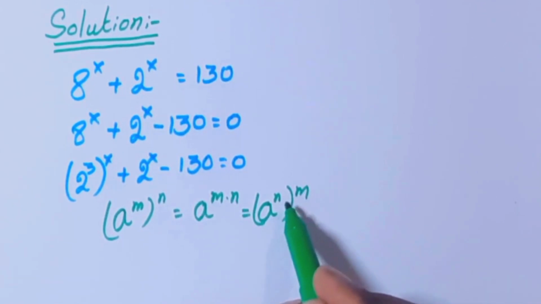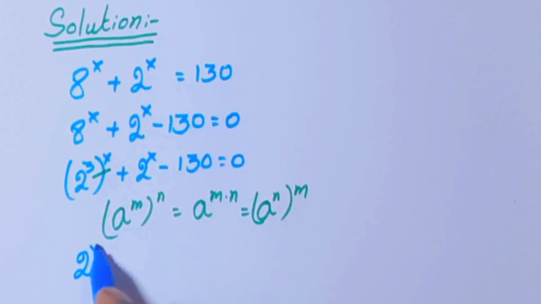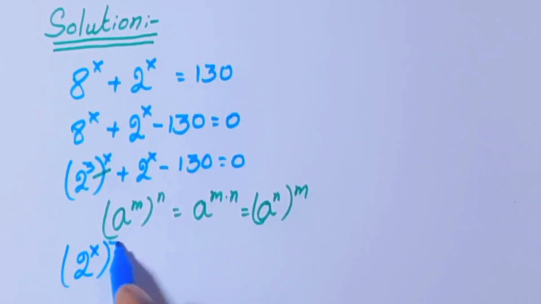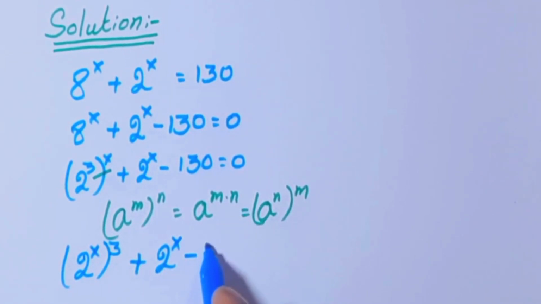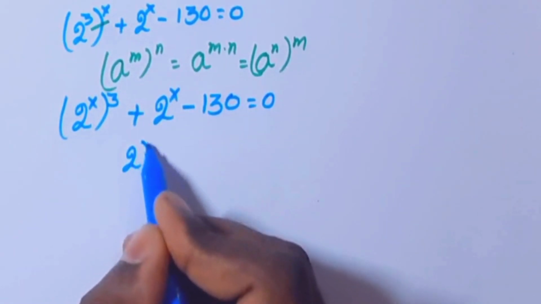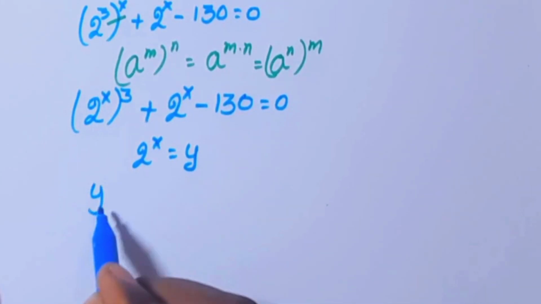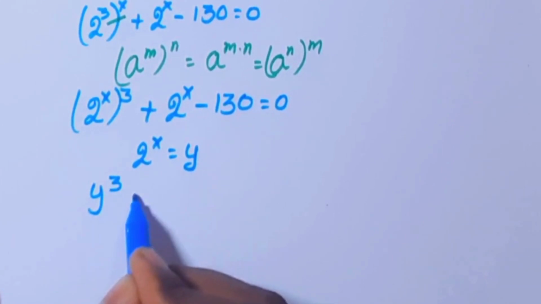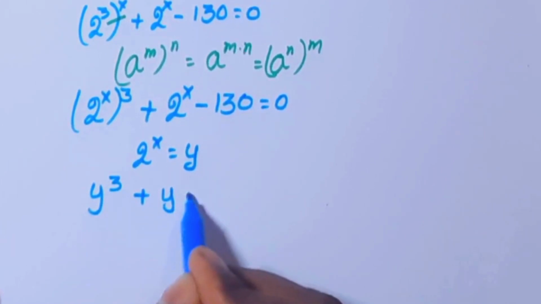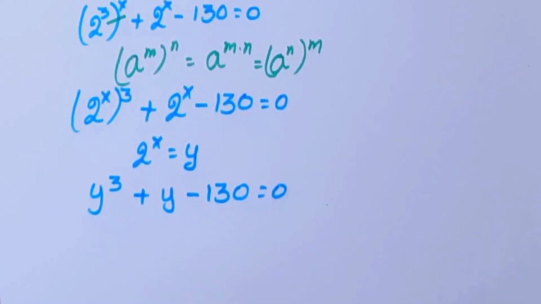We are interchanging this power, so we'll get (2 power x) whole power 3 plus 2 power x minus 130 equal to 0. Let us consider 2 power x equal to y. So y power 3 plus y minus 130 equal to 0.